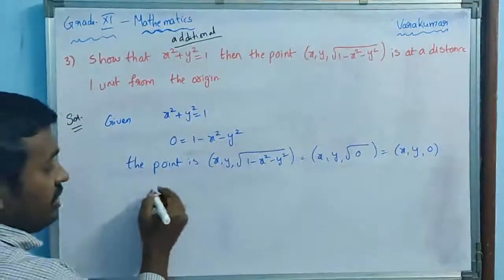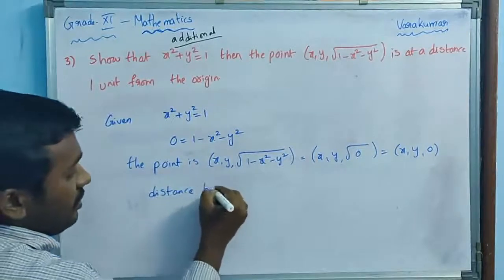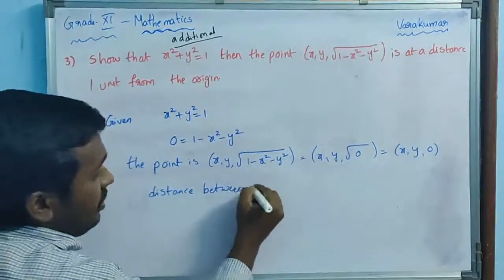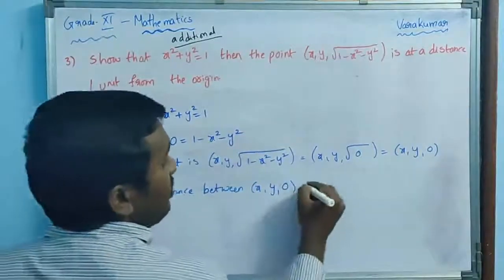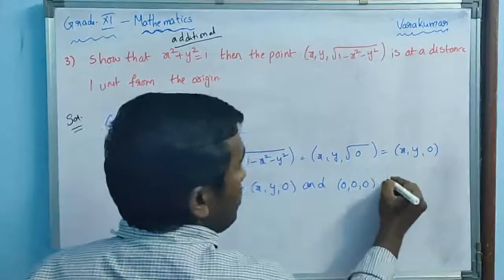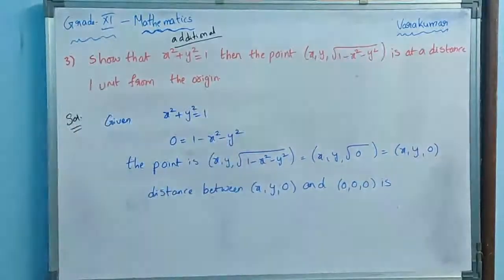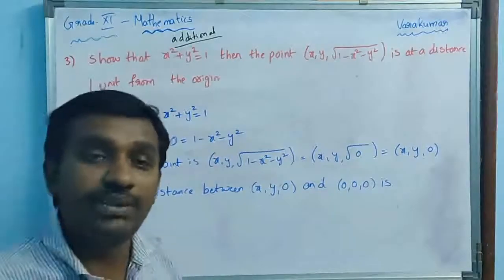Say from the origin. So the distance between (x, y, 0) and the origin (0, 0, 0) is. Now we know the distance formula: root over x2 minus x1 whole square plus y2 minus y1 whole square plus z2 minus z1 whole square.